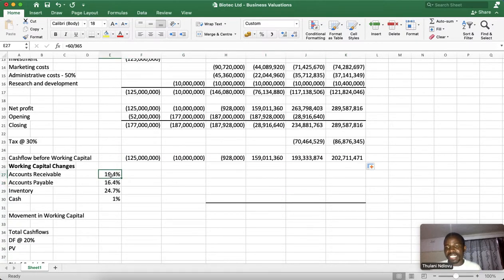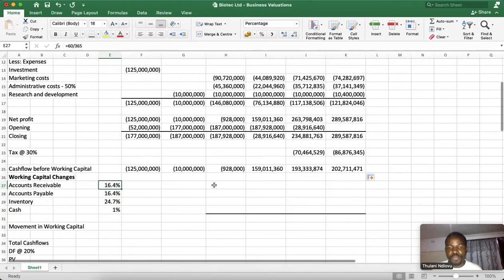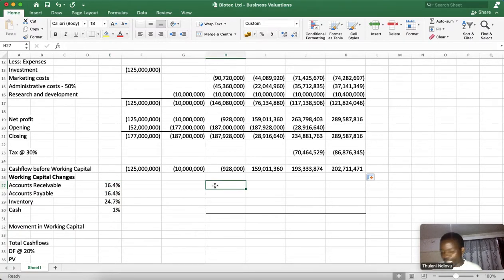Then here, accounts receivables. We were told that accounts receivables is 60 days. So here, if you click here, there is 60 divided by 365 as a percentage is 16.4%. Then accounts receivable are a percentage of sales, as we are told.